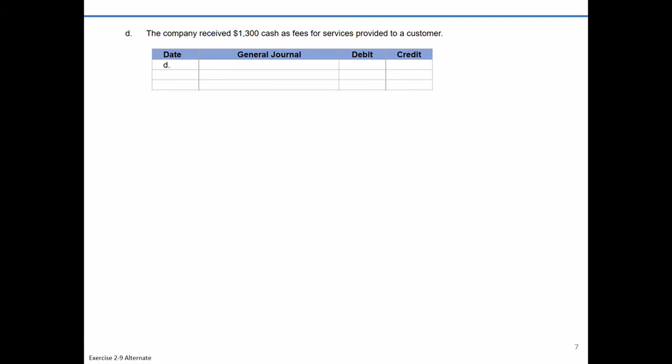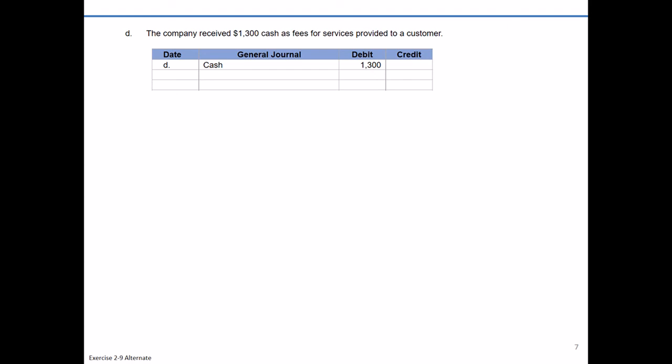The company receives $1,300 cash as fees for services provided to a customer. So what are we gaining here? Cash. Cash is an asset, so we're going to debit it for $1,300. On the other hand, what's the flip side of the transaction? Well, we've finally done some work. I don't know what this company does, mows lawns, does some architecture work, whatever it happens to do.